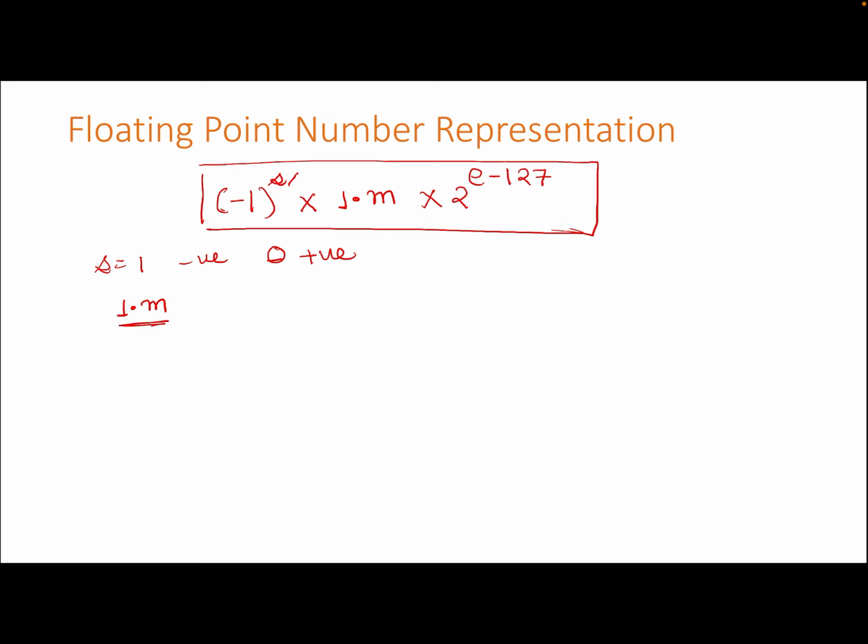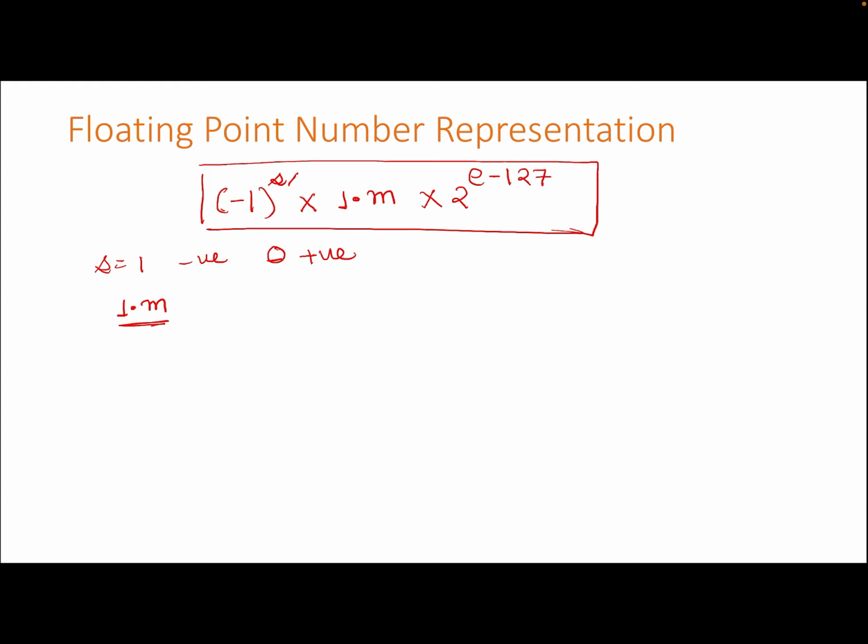We will see an example of how this 1 is used. It is present by default, so we have all 23 bits for representing the mantissa part, the significand part.